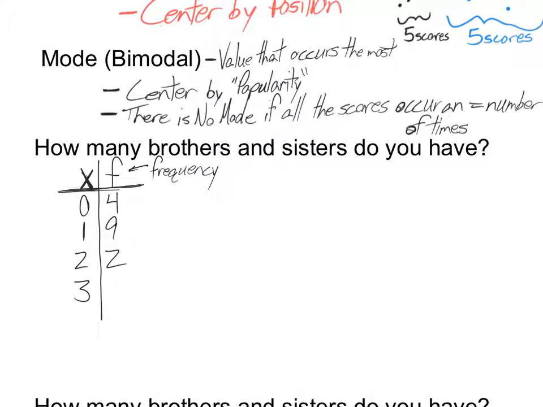How about 3? No one has 3? I have 3 brothers. Did I get everyone, or is there anyone left? Anyone have 4? How many kids are here today? 15? Well, counting me, 16 people. So there's a total of 16 people here. So there's our data.